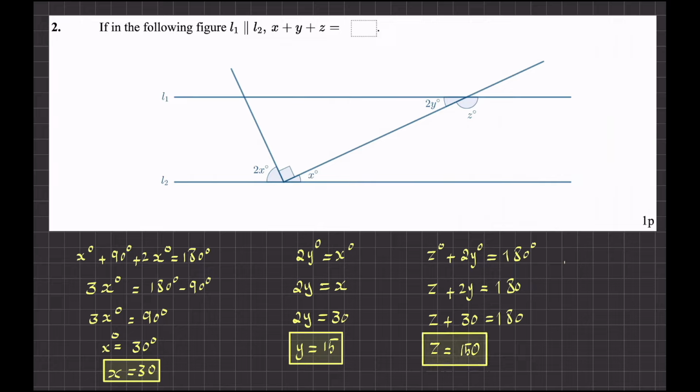And now the question mark is x plus y plus z. I just add these numbers. X is 30, y is 15, and z is 150. So if I add them, it becomes 195. And 195 is the number that I have to type here.